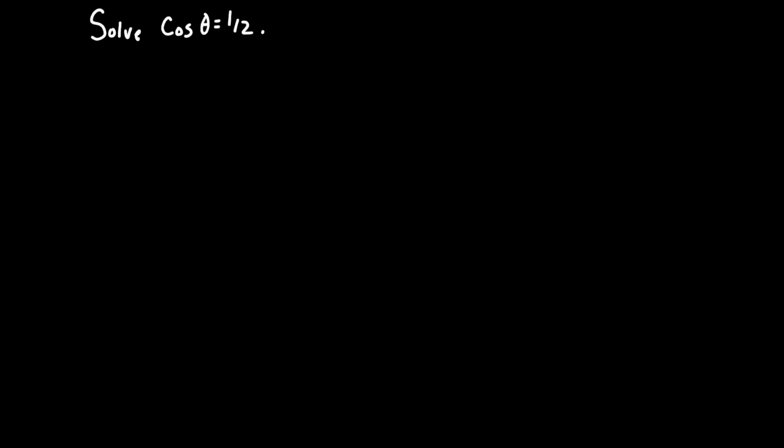Here we want to solve the trig equation cosine of theta is equal to 1 divided by 2. And we're going to break this up into two separate steps. In the first step, we're going to find all solutions in the interval between 0 and 2 pi. Then, afterwards, we're going to find all solutions.